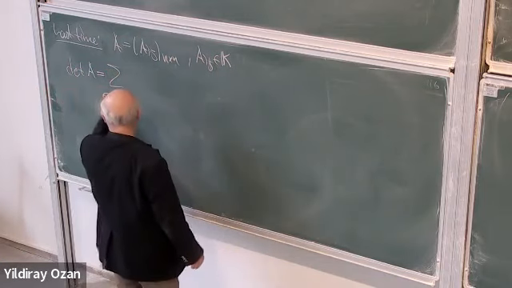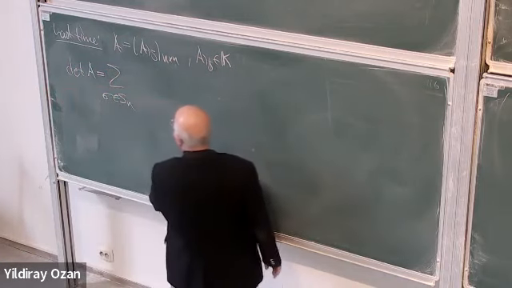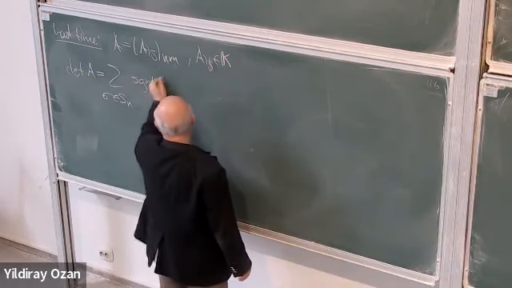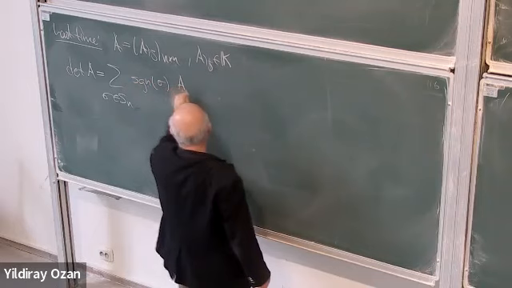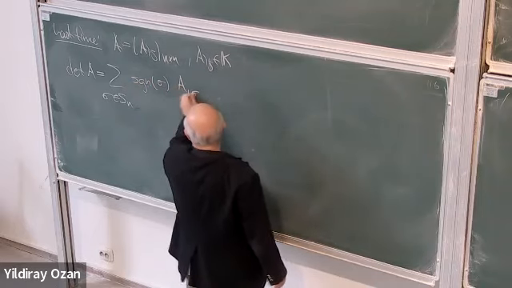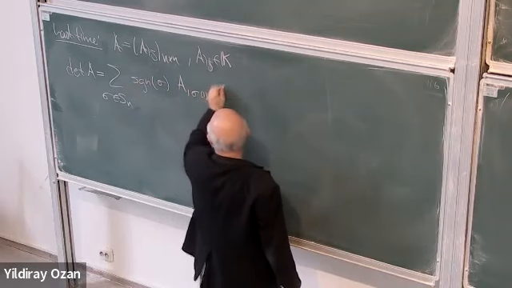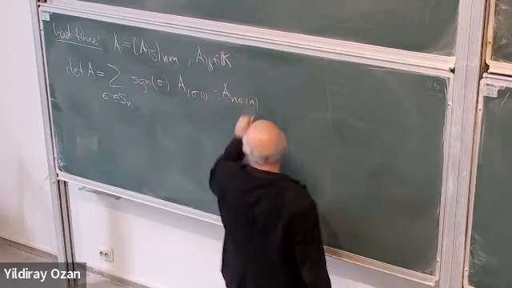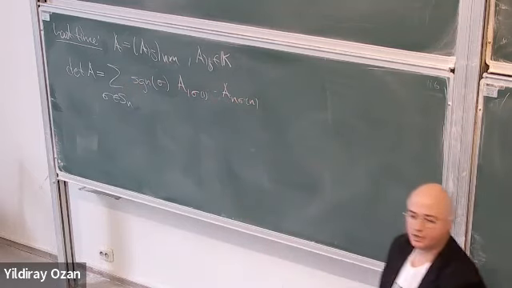It's summed over all permutations. We have sign of sigma and then a_{1,sigma(1)}, a_{2,sigma(2)}, and so on. This is this summation.